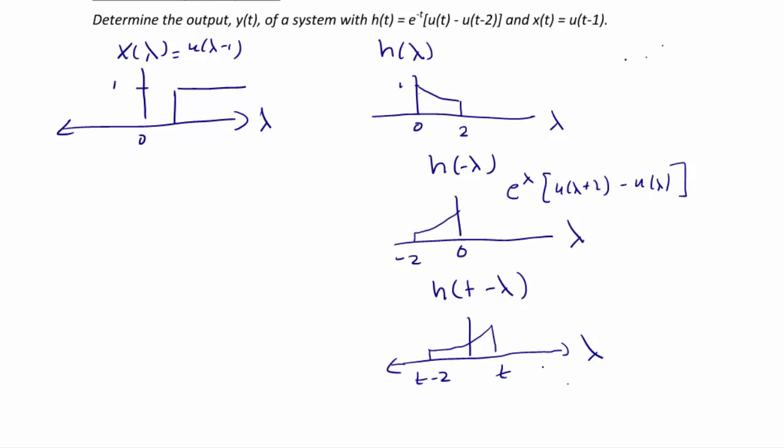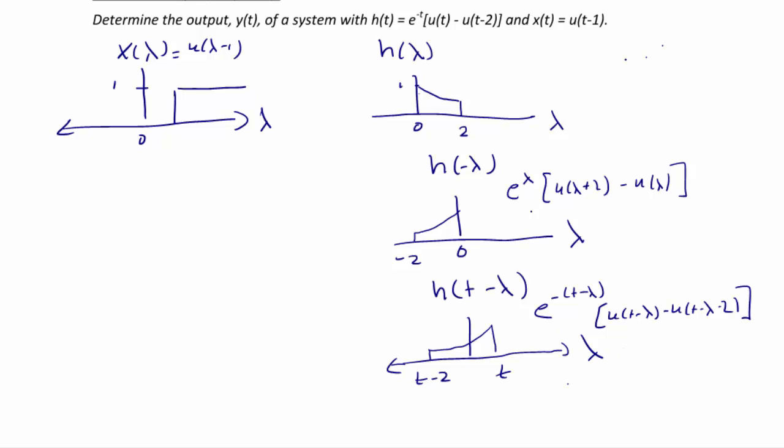And as t changes, it slides back and forth along this axis. So this would be e to the negative t minus lambda times u of t minus lambda minus u of t minus lambda minus 2.